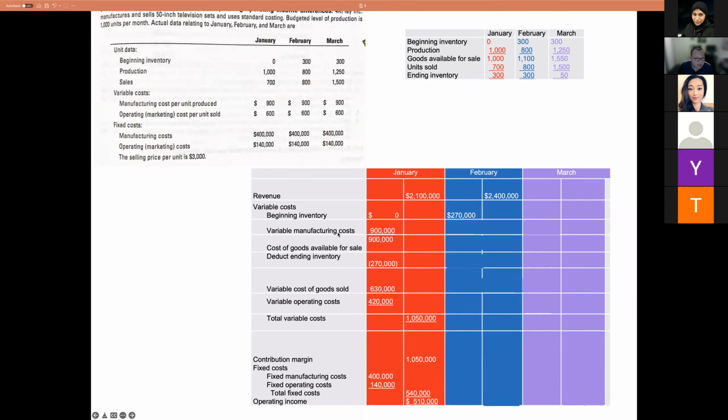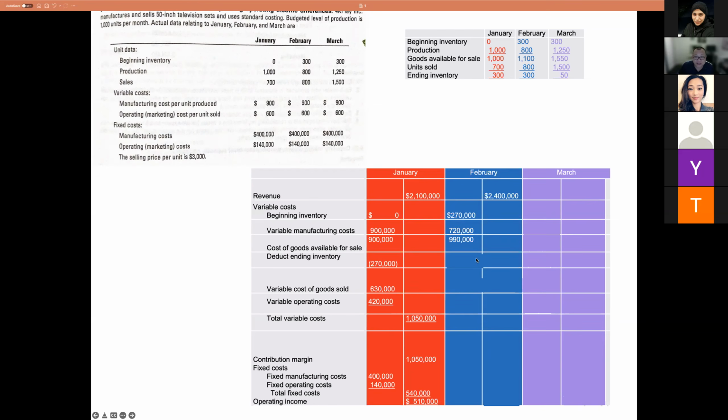Variable manufacturing cost is about production, so make sure you use the production units. The production for February is also 800, and the cost per unit is 900. So 800 times 900 is 720,000. The total goods available, these two numbers together, is 990,000.